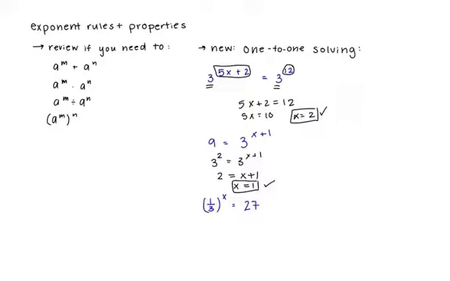Okay. This one might be even harder to see. I have 1/3 to the x power equals 27. So I want this to have a base of 1/3. 1/3 to the what power would equal 27? So let's think about that. 1/3, no matter how many times I multiply by itself, it's going to keep getting smaller, right? 1/3 times 1/3 is 1/9.